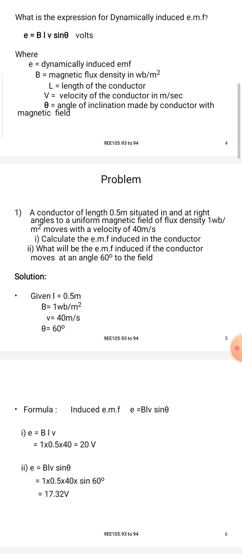L is the length of the conductor, with unit meters.